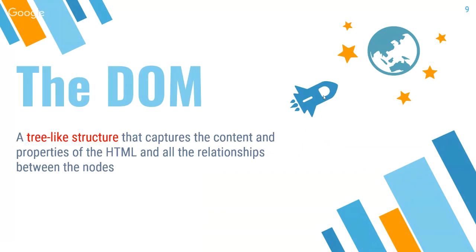We'll talk about the DOM construction process in a minute, but for now you can think of a node as the container for an HTML element. So as many HTML elements as are in our HTML file, there are as many nodes in the DOM. So the DOM determines the relationships between the HTML elements and constructs a tree-like structure based on these relationships. So let's see this in action.